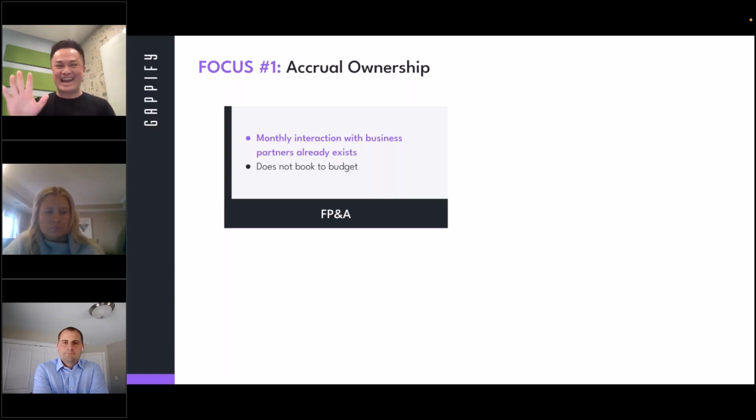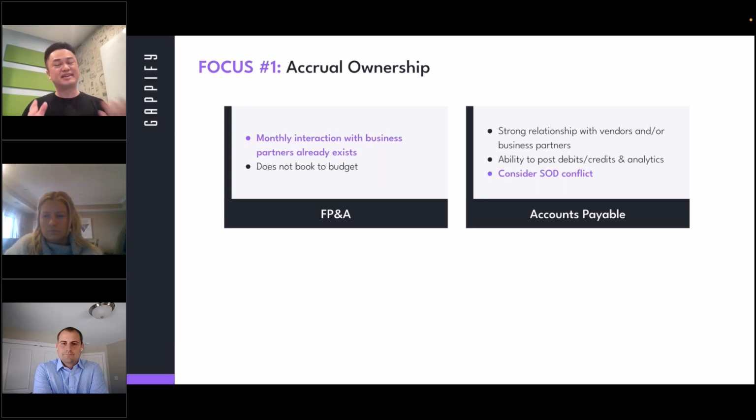If FP&A is doing that, I would ask questions, so keep that in mind. But again, there is a reason why in some cases FP&A could be in a better position to do accruals, and I would point to the former point, not the bottom one.